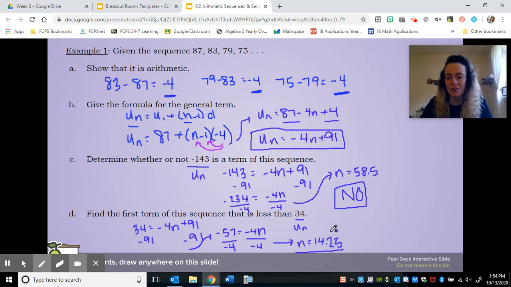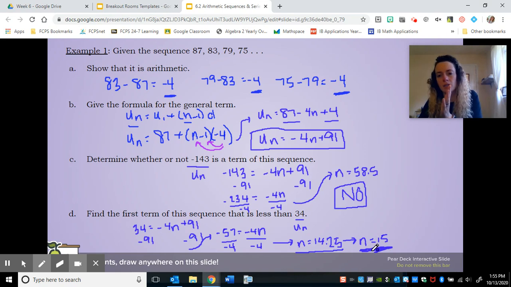So we were getting smaller and smaller terms. Even though rounding rules would tell me, if I wanted to round this to a whole number, to round down to 14, that would be before I actually hit a term of 34. So because of that, I actually need to round up to n equaling 15 so that I can actually surpass 34, which was the goal.